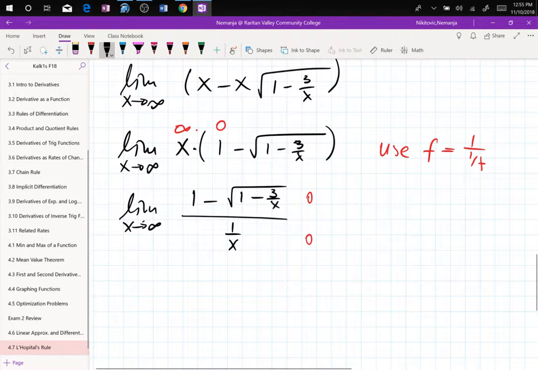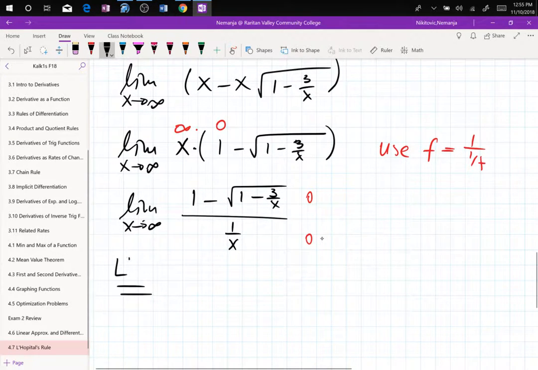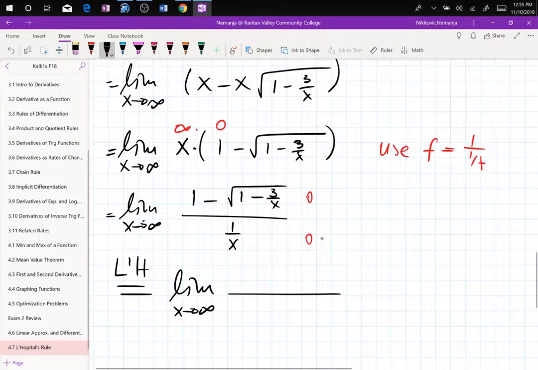So this means that we can use L'Hôpital's rule. Limit x goes to infinity, we take two independent derivatives. The one on the bottom is easy, just negative 1 over x squared. We have to deal with the derivative on top, and that is some chain rule and some fun.